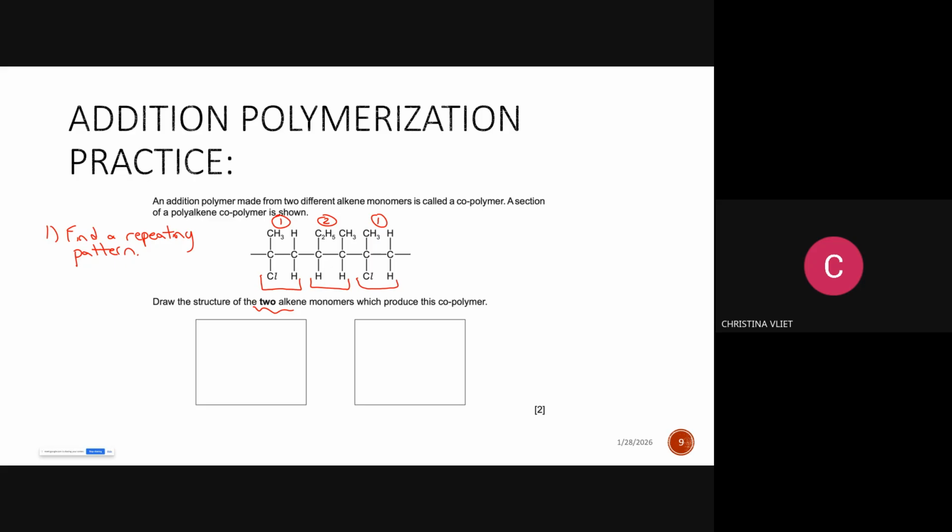And so it's here and here, because this is a repeat of what's over here. And so then all you have to do is write this first block, the two carbons, like you said, and fold back in those lines to make the double bond. And so this would be CC, CH3, Cl, HH. And then over here, this would be CC, CH3, H, and then CH3, Cl.